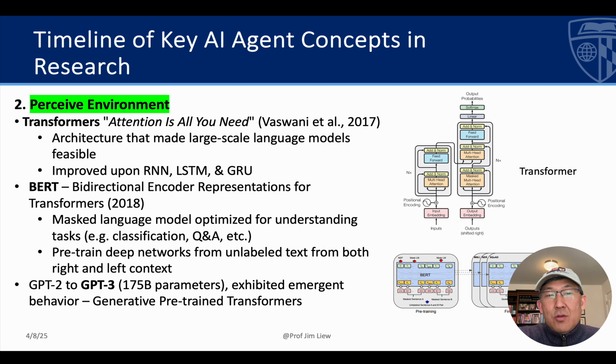So the transformers, in this very famous paper, Attention Is All You Need, allowed for an architecture that made large-scale language models feasible. It also killed the research strand of recurrent neural networks, LSTMs, and gated recurrent units.